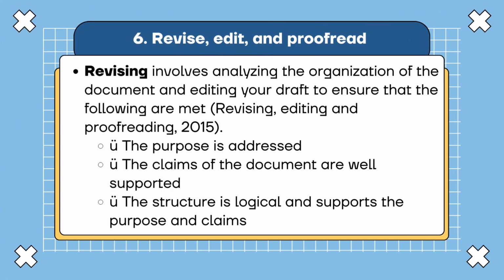The next is revise, edit, and proofread. Revising involves analyzing the organization of the document and editing your draft to ensure that the following are met. The purpose is addressed, the claims of the document are well supported, the structure is logical and supports the purpose and claims.